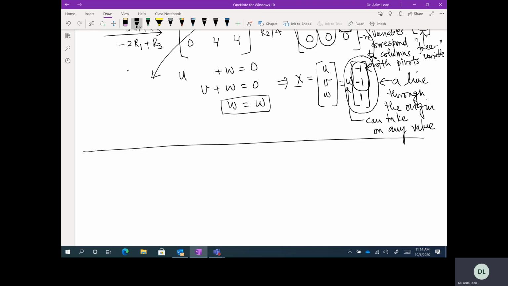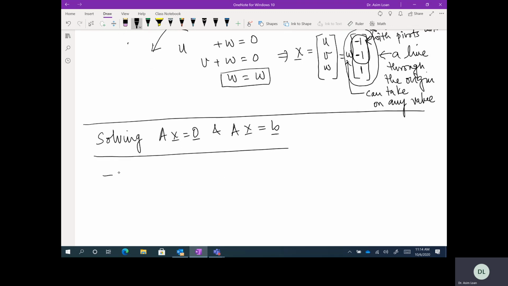The last topic before we stop for today is how we solve. Solving Ax equal to b and Ax equal to 0 are two totally different things. So let me recap, Ax equal to 0 and Ax equals b.